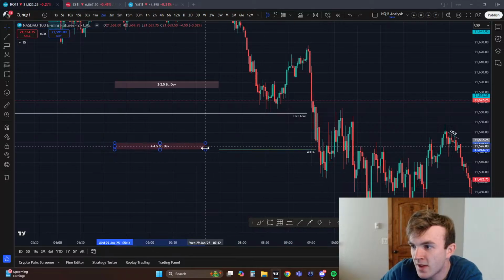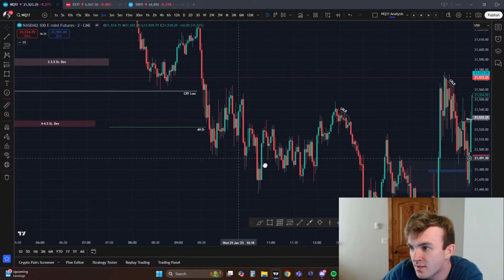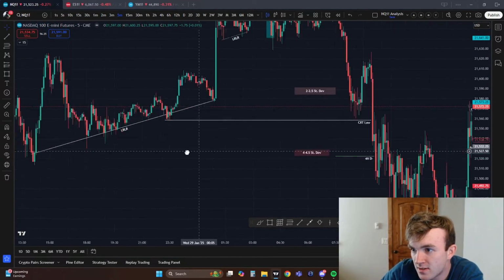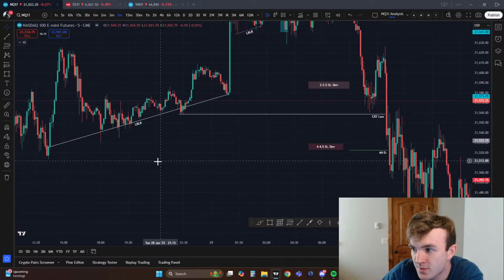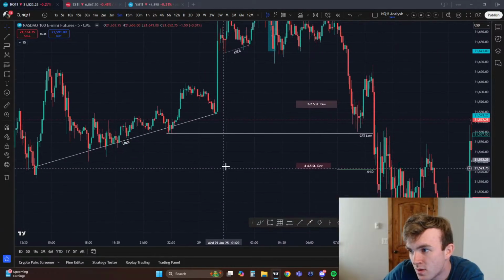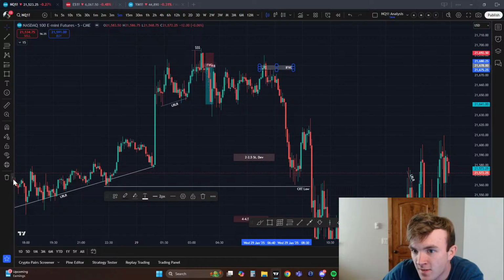We hit this 4 to 4.5, and it's like, okay, now the market's just gonna start consolidating, and that's exactly what happened. So lesson learned there, especially because we already ran all this liquidity, right? Oh well. Let's get rid of everything.